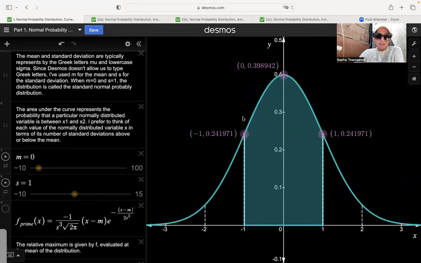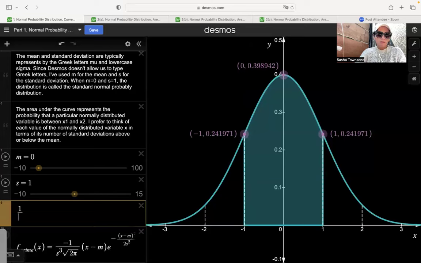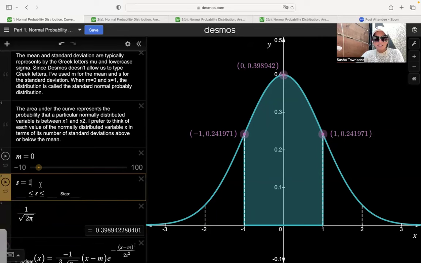So that's what our graph looks like. And you say, well, what is that 0.3989 equal to? Well, that was 1 divided by the standard deviation times the square root of 2 pi. Since the standard deviation is 1, we've got 1 divided by the square root of 2 pi there, which is that number. But of course, that's going to change as s increases.